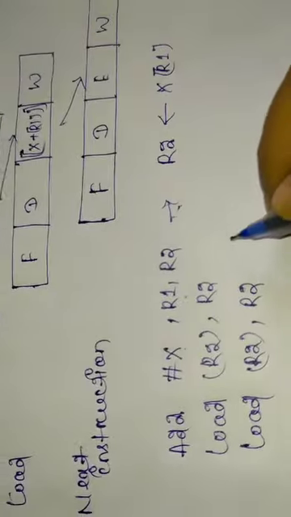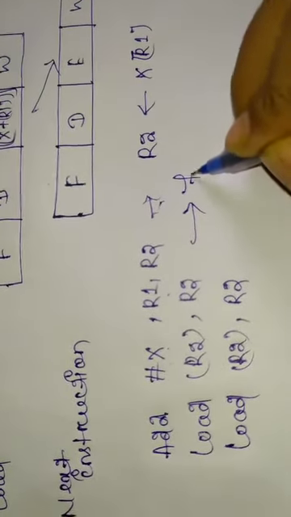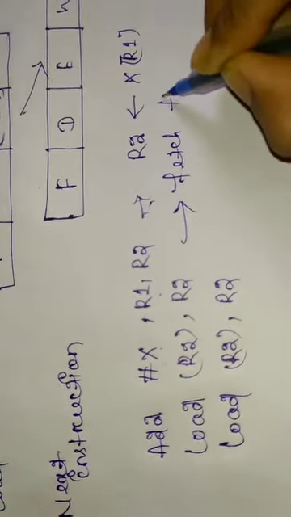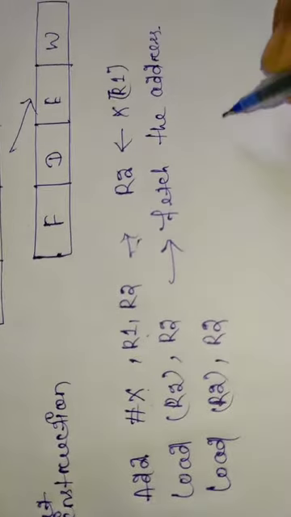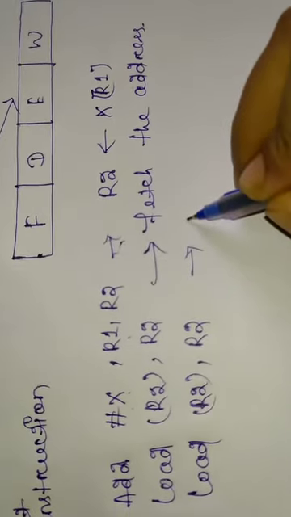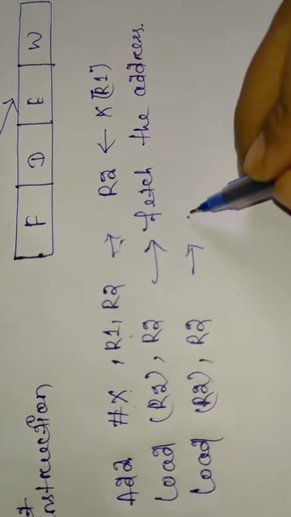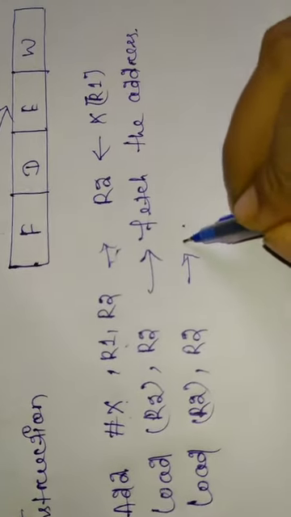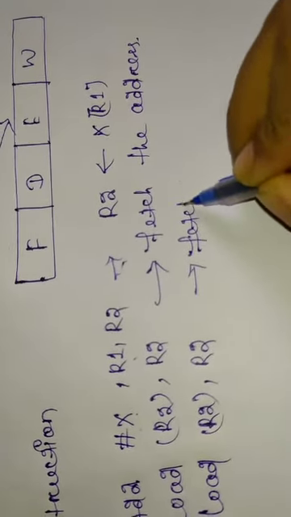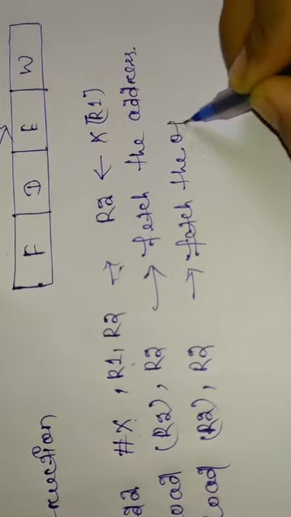It will fetch the address, and then it will fetch the operand from memory.